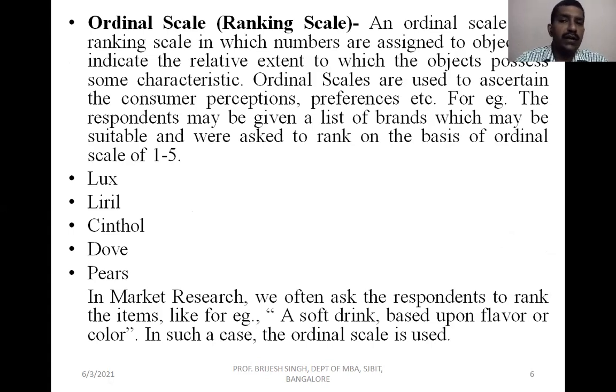An ordinal scale is a ranking scale in which numbers are assigned to objects to indicate the relative extent to which the object possesses some characteristic. Ordinal scales are used to ascertain consumer perceptions or preferences. For example, respondents may be given a list of brands and asked to rank them: which is the first, which is the fifth, and so on. So ranking of that data can be part of the ordinal scale.